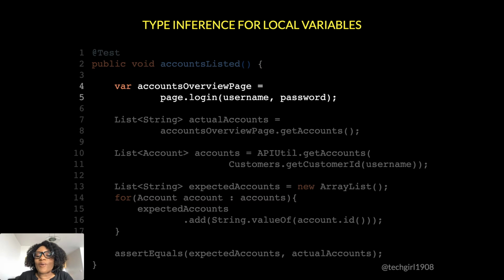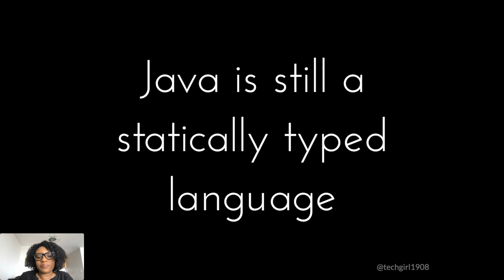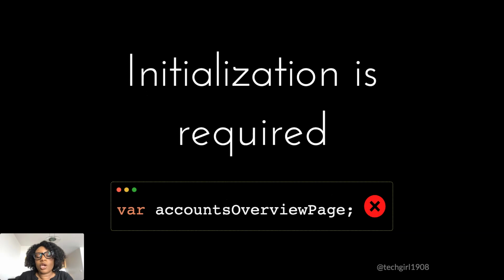But before you get carried away and start using var everywhere, let me explain the rules and also give some tips. This does not make Java a dynamically typed language like JavaScript or Python. The type is still there, it's just inferred from the right-hand side of the statement, which means you can only use var if you're actually initializing the variable.